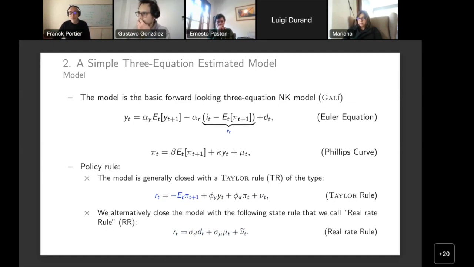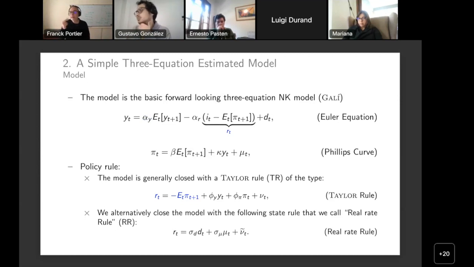What is nice with this model is that when I think of the rule in terms of a real rate rule, this term here becomes only a function of the state. So I can solve that equation forward regardless of the second one. The system becomes triangular. And to have a solution, I need this alpha y to be strictly smaller than 1. But it can be 0.99999, it doesn't matter.